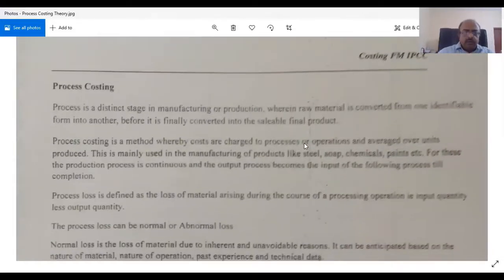Okay. Now, process costing, as we are looking at, we have already looked at it earlier.